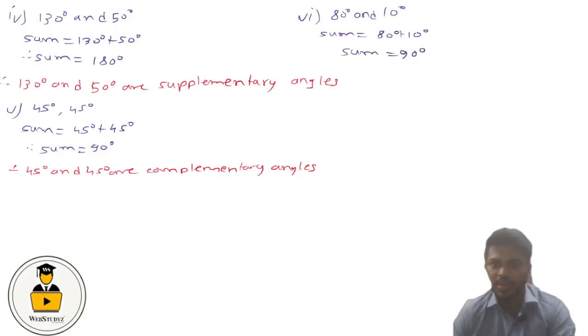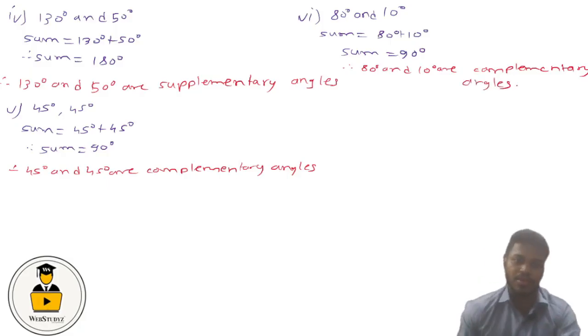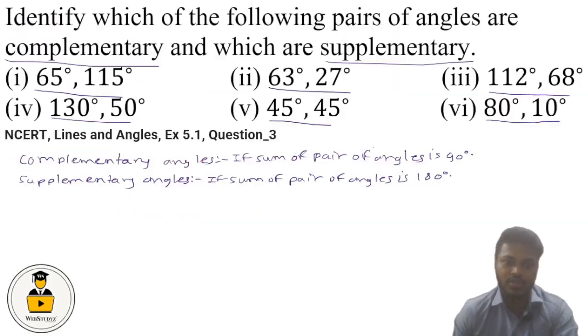Since the sum is 90 degrees, we can say that therefore 80 degrees and 10 degrees are complementary angles.